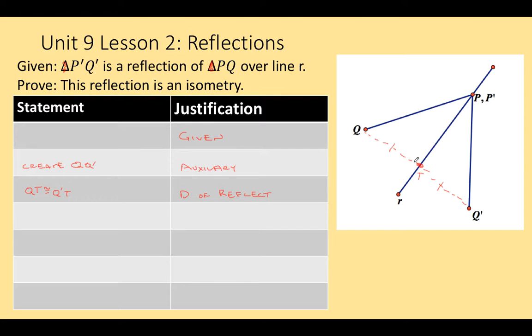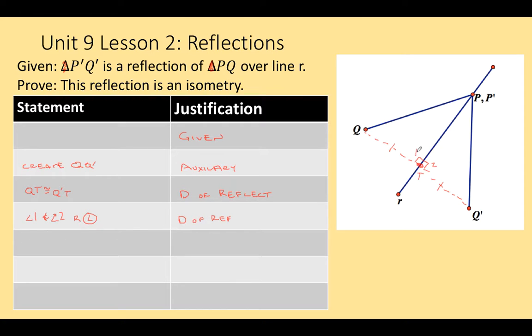And we also know that this is a right angle because it's perpendicular. So if we call this angle 1, call this angle 2, say angle 1 and angle 2 are right angles. And that would also be by definition of reflection.